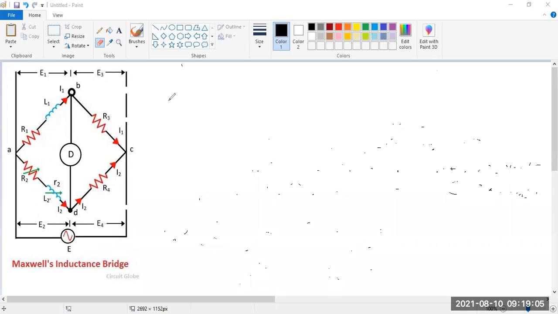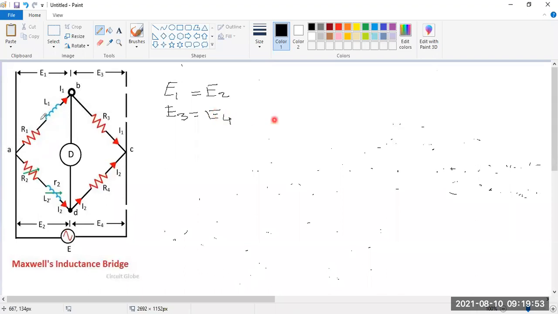So what is the balance condition? The balance condition is E1 equal to E2, and simultaneously E3 equal to E4.